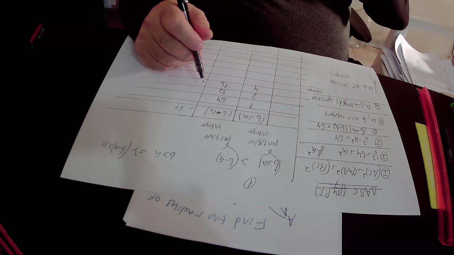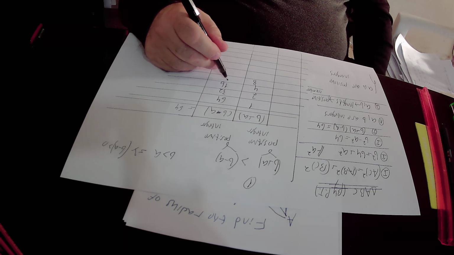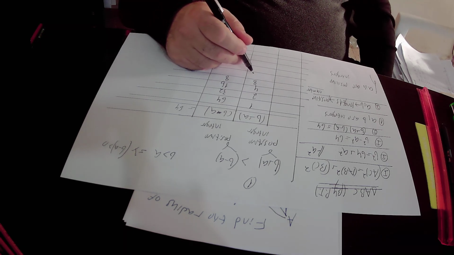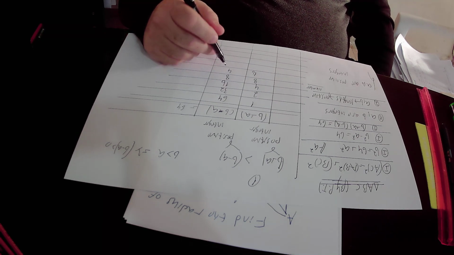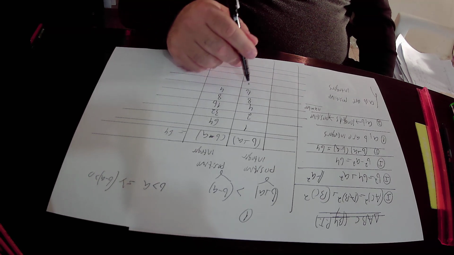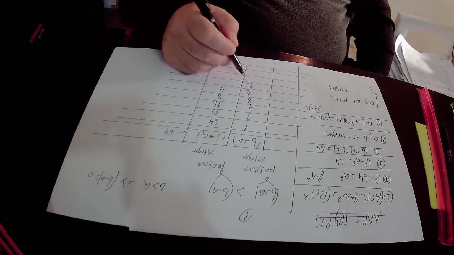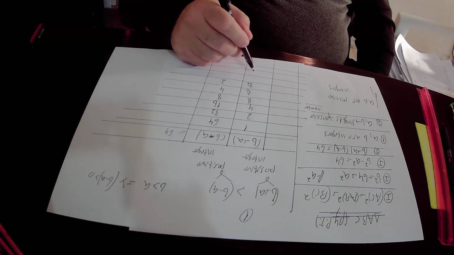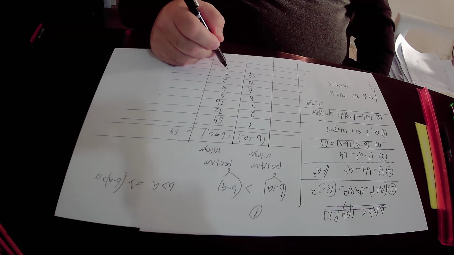The fourth possibility is that b plus a equals 8 and b minus a also equals 8. The fifth possibility is that b plus a equals 16, while b minus a will be equal to 4. And the sixth possibility is that b plus a equals 32 and b minus a equals 2. And the last possibility is that b plus a equals 64 while b minus a equals 1.